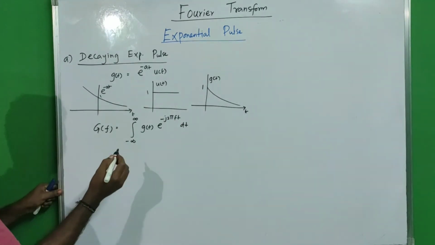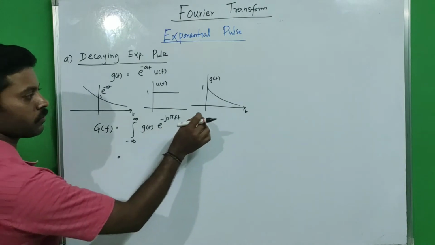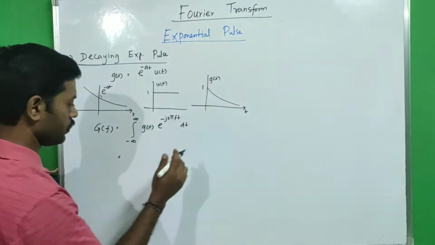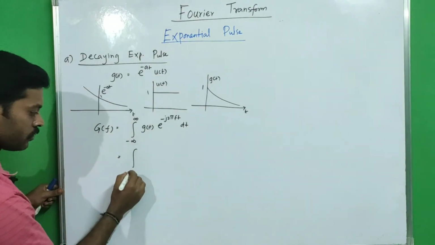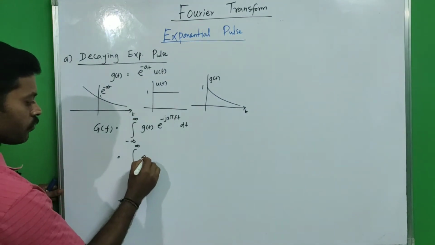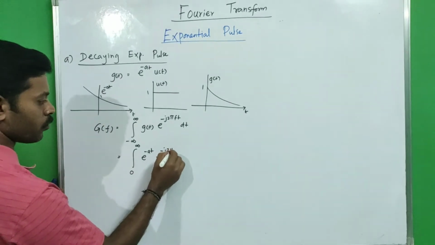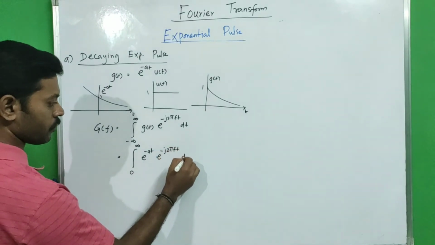Now I am going to apply the limits. Here g of t is nonzero from 0 to infinity, so the limits of integration are 0 to infinity, and g of t is e power of minus at, times e power of minus j 2 pi f t dt.